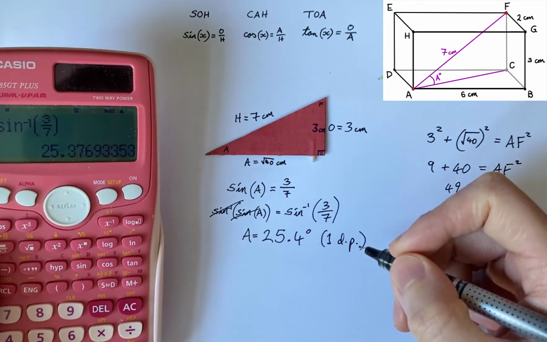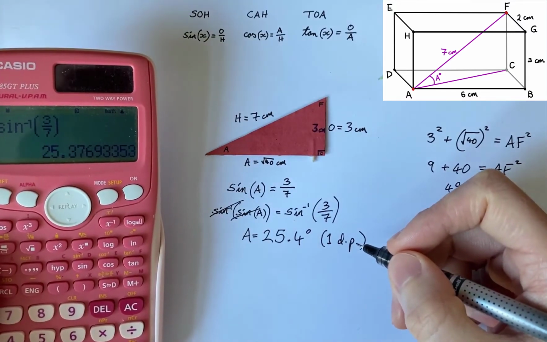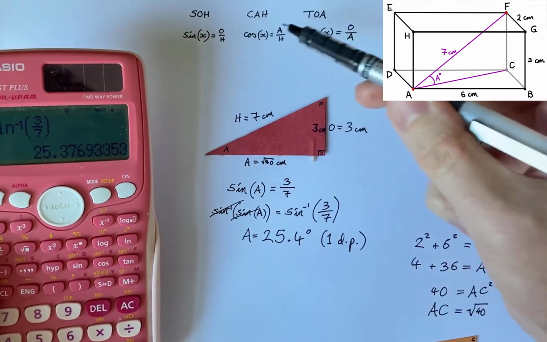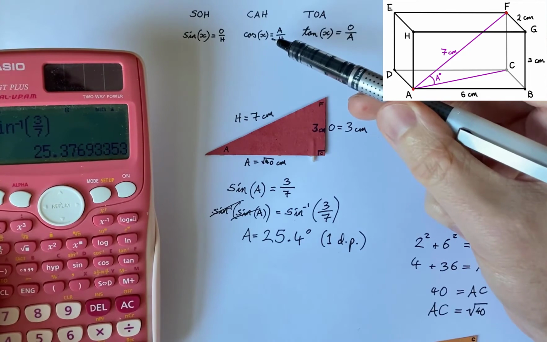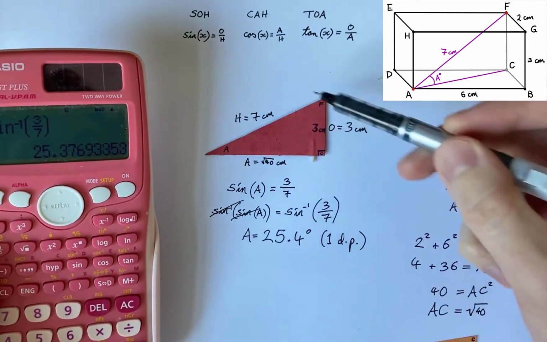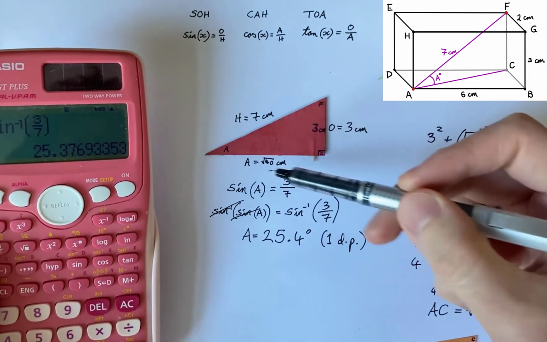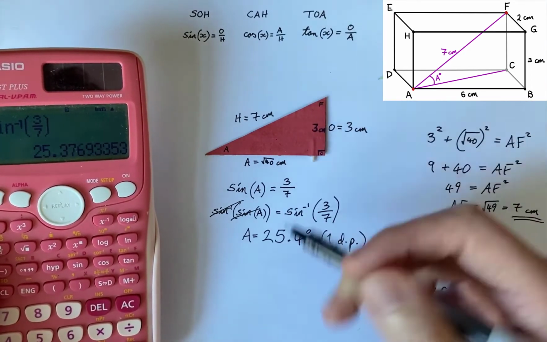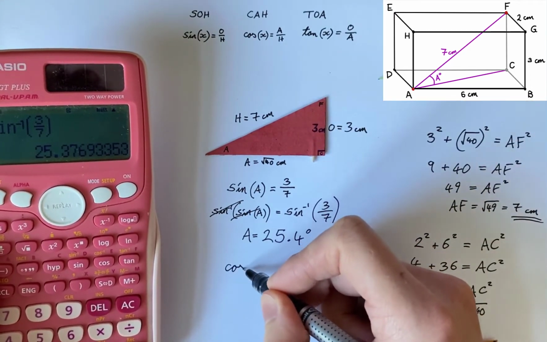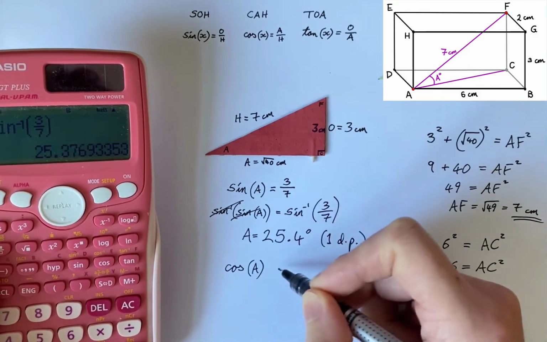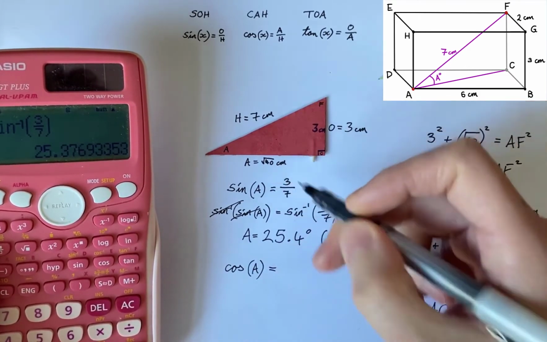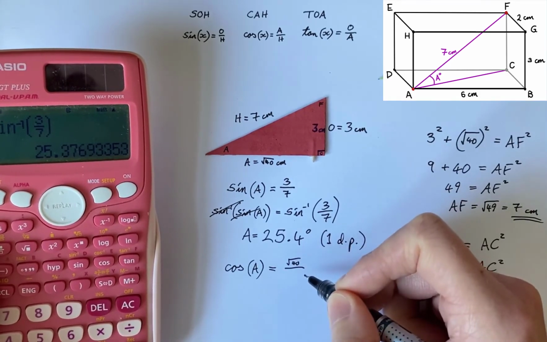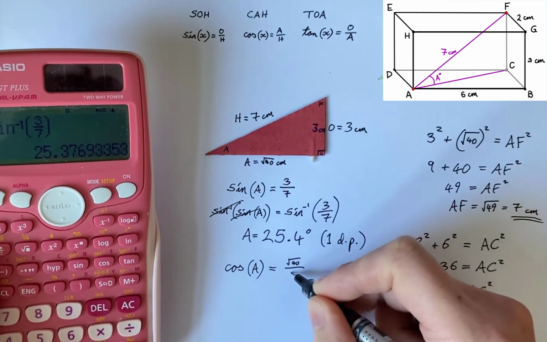Now just to show that you could have used another trigonometric function if you wanted. So we could have used also cos, because we know all 3 here. You won't always know all 3, but in this case we know all 3 lengths of the sides here. So if I wanted to use cos, that would be that cos of the angle A was equal to the adjacent, which is the square root of 40, divided by the hypotenuse, which is 7.